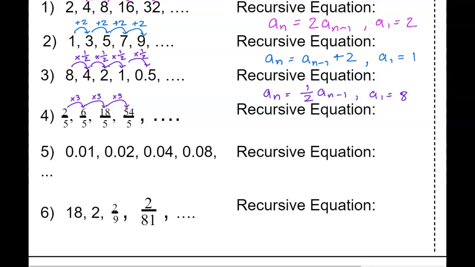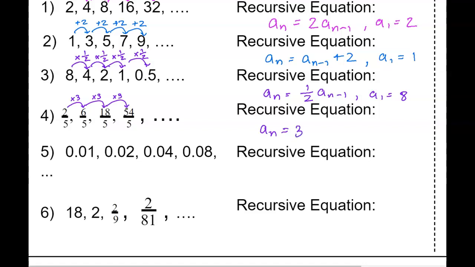So, how do I start my equation? What's the first thing I write? Good. A sub n equals. And then what do you think goes next, Yuri? What do we write next? 3. Yes.